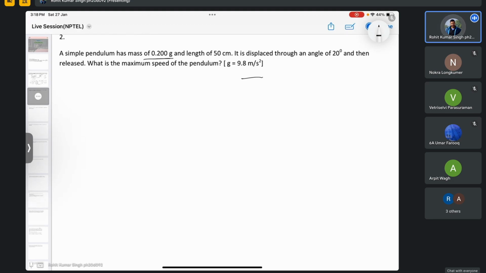Okay, and its length is 50 centimeter. So this is the length, 50 centimeter. Okay, and it is displaced through an angle of 20 degrees. So let's displace it by an angle of 20 degrees.